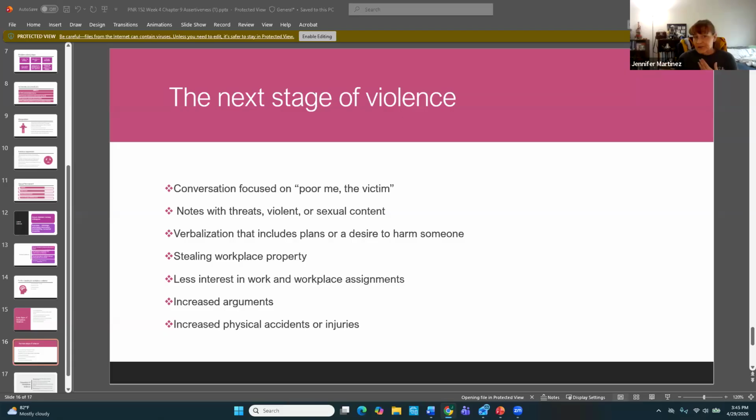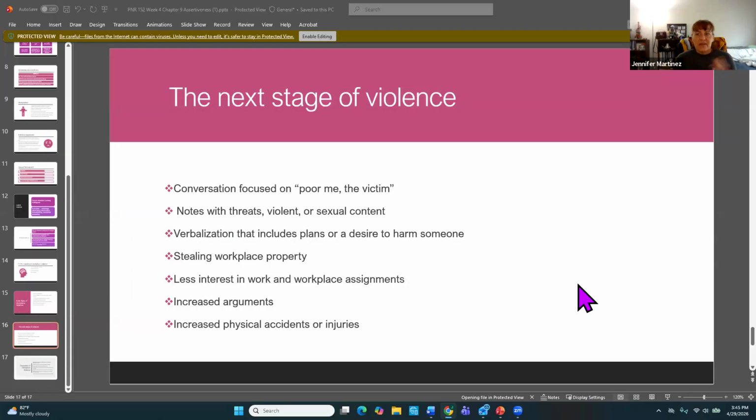They may start stealing property. They have less interest in work. They have increased arguments. They have increased physical accidents or injuries. And then as the anger continues to intensify, and they're still having whatever the conflict is, of course the result can be violence, whether it's against themselves or others.